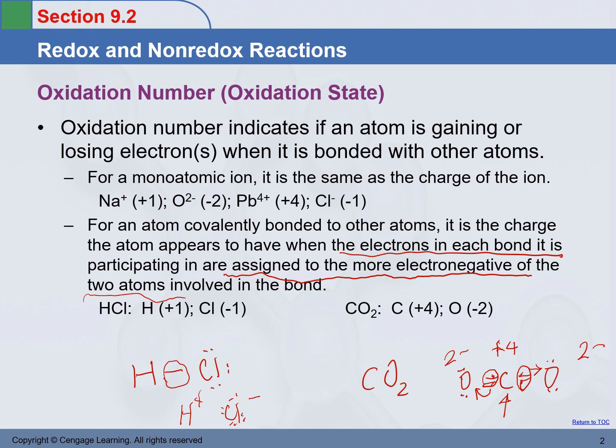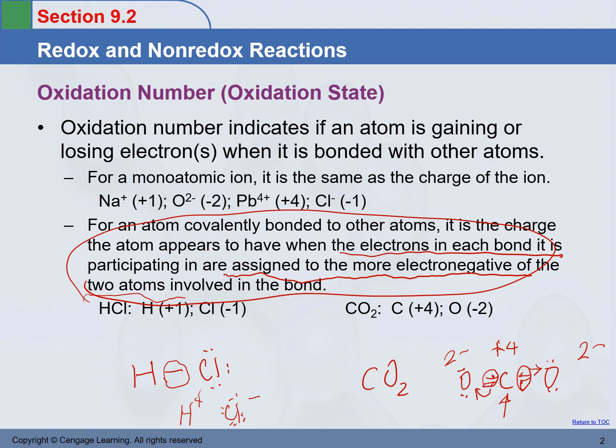Well, for smaller, simpler molecules, we can do this according to what is described here. Just assign the shared electrons to the more electronegative atom, and let's see what kind of charge each atom will carry when you do that.